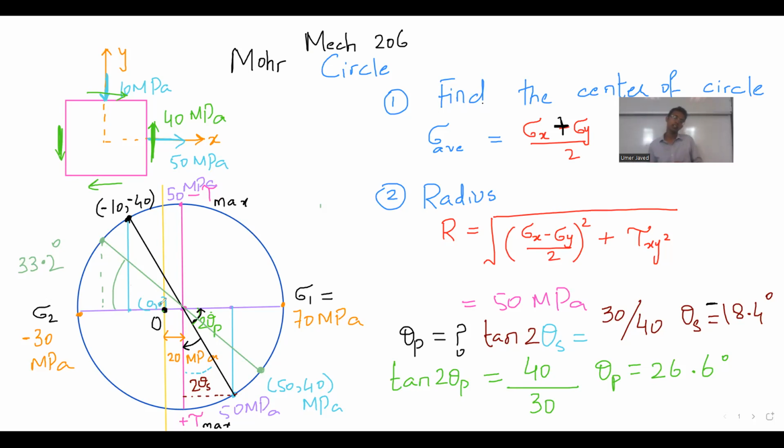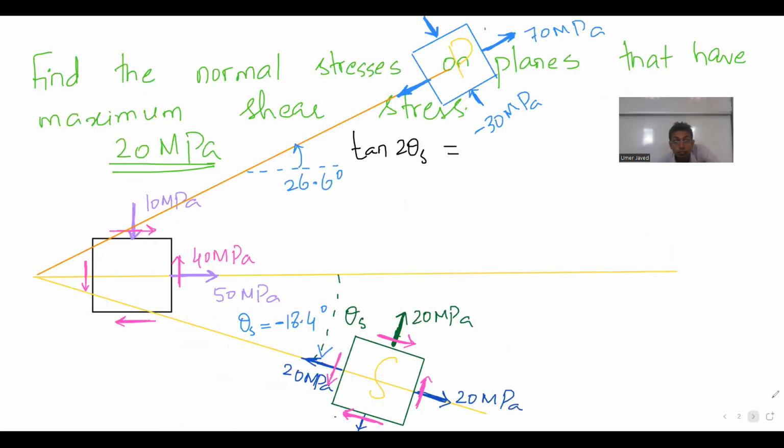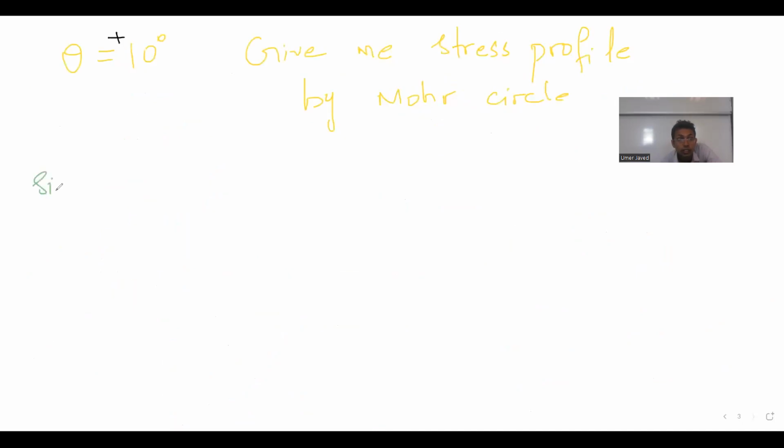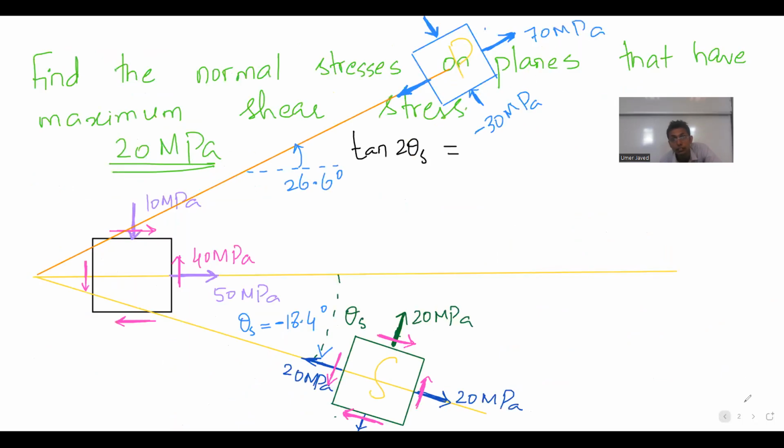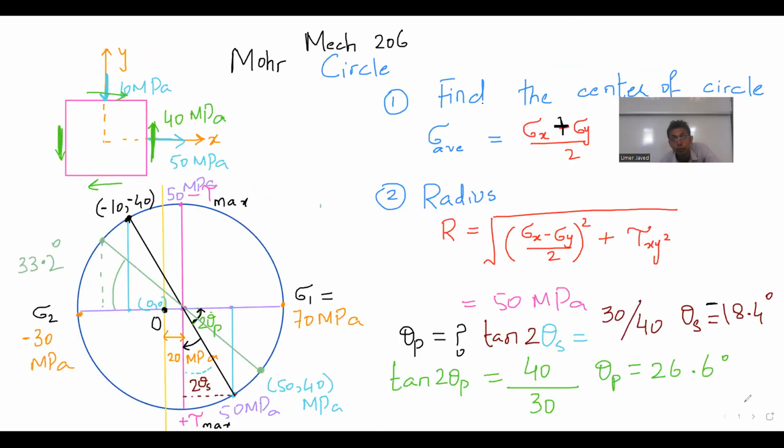Very intelligent answer from Mehmet, let's do it. Mehmet said sine 33.2 equals perpendicular. What is perpendicular? That is your shear stress, divided by the hypotenuse, which is the radius. What is the value of the radius? 50.